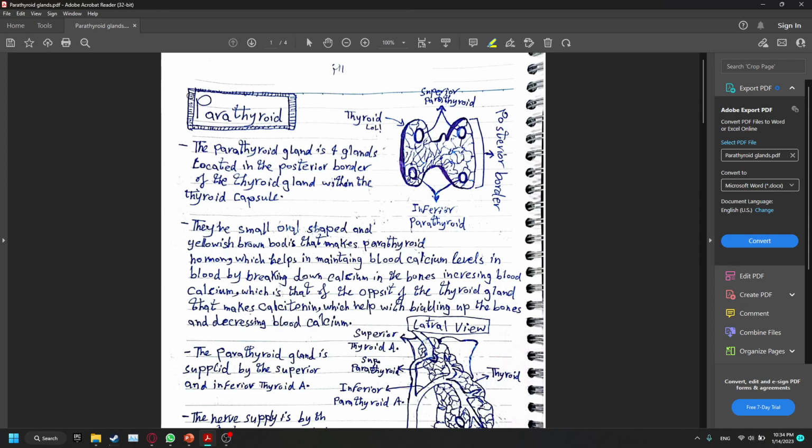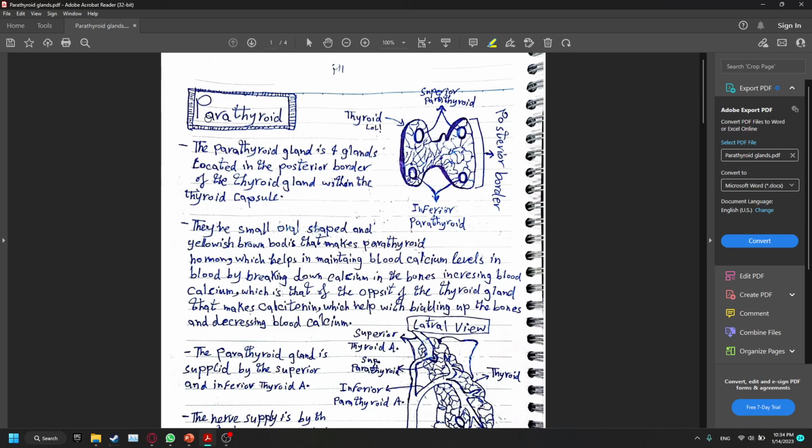So yeah, the parathyroid gland, literally in the name, para means behind, right? So you have this thyroid gland, and behind it is something that we call the parathyroid gland. There are basically four glands, two superior, two inferior, lateral to the midline of the thyroid gland, and they secrete parathyroid hormone.